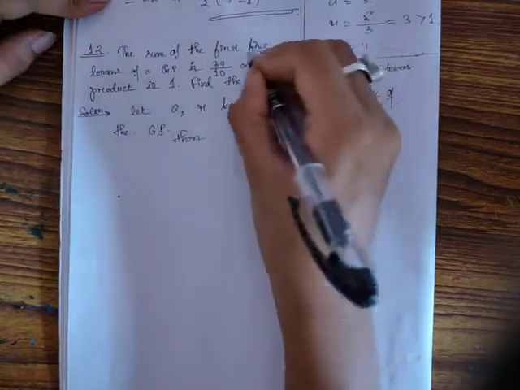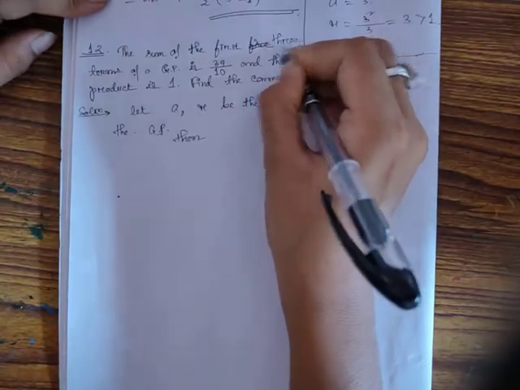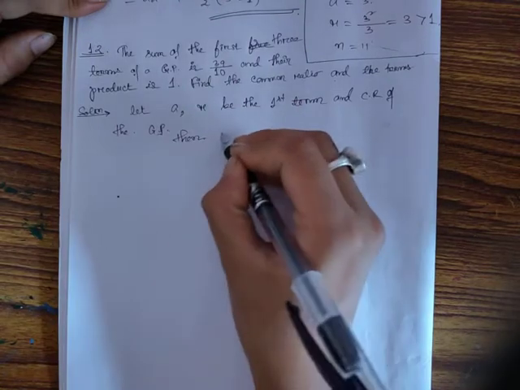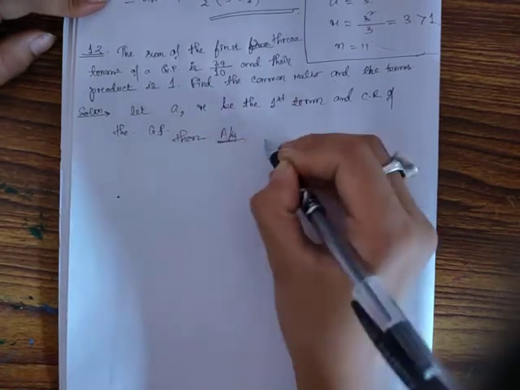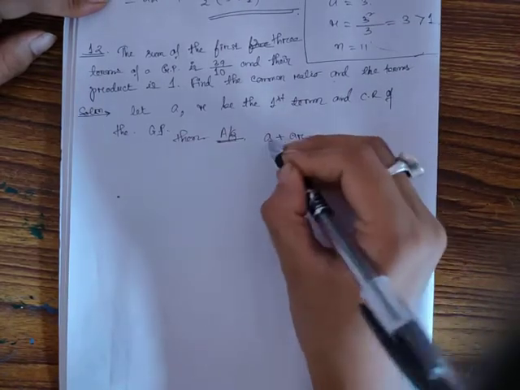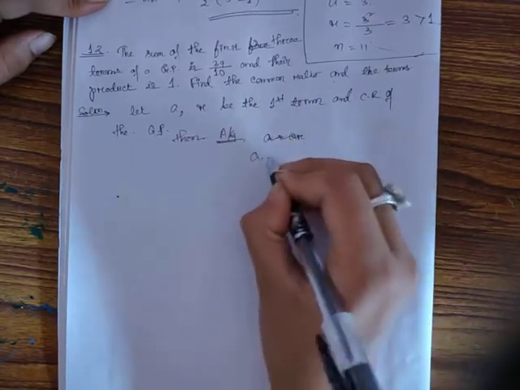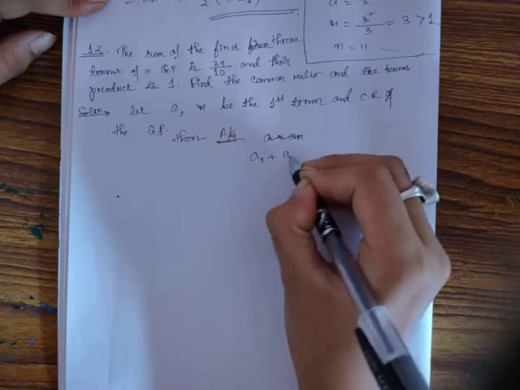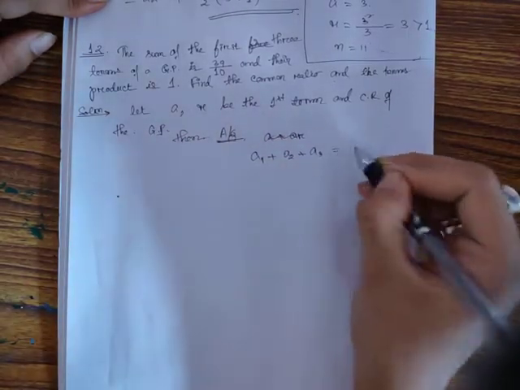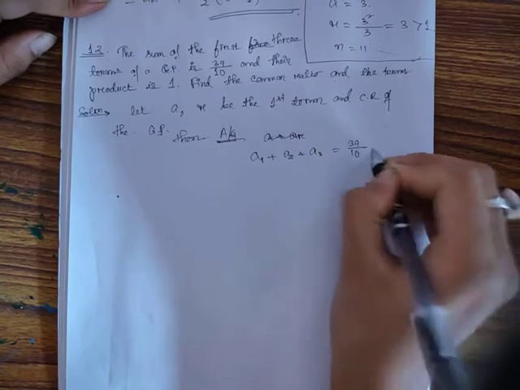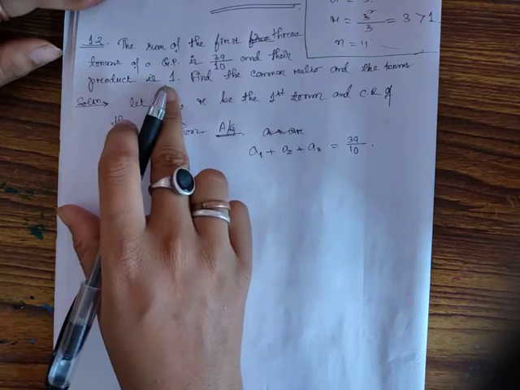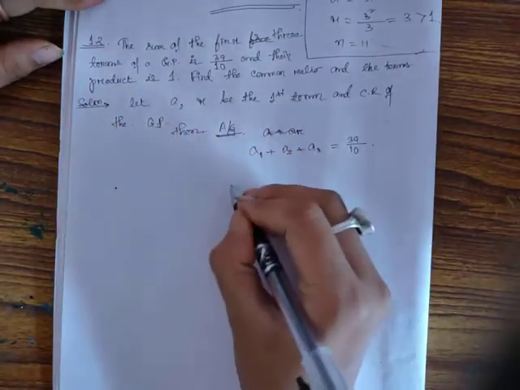Sorry, it is the first 3 terms. According to the question, a plus the second term plus the third term, the sum of the first 3 terms, is given as 39 by 10, and the product is given as 1.